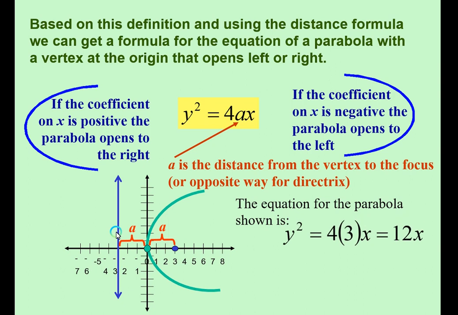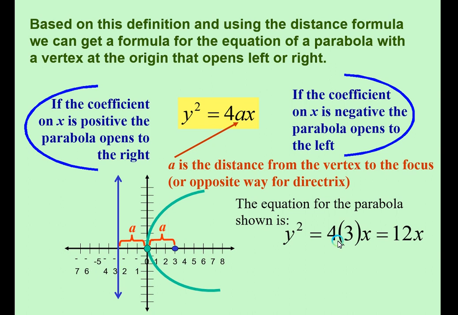If we look at the given example here, we could easily give the equation of the parabola. We have to determine the value of a, wherein we count 1, 2, 3. A is equal to 3. Substituting the value of a here, we have 4 times 3 multiplied by x, I mean, is equal to 12x.